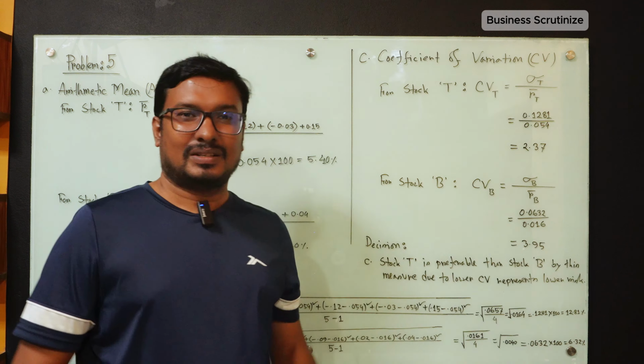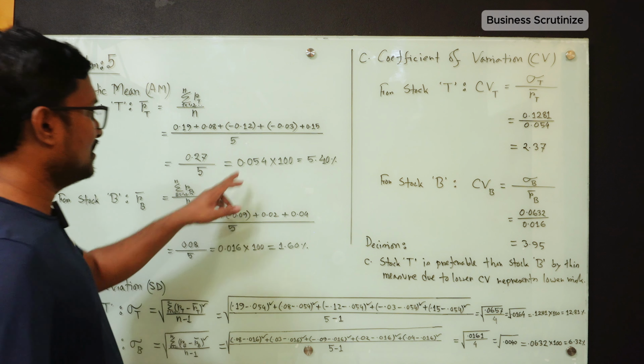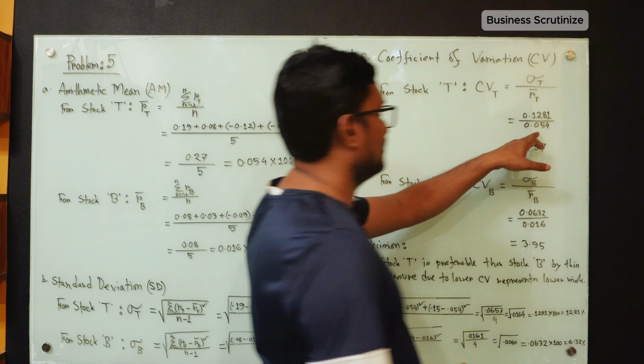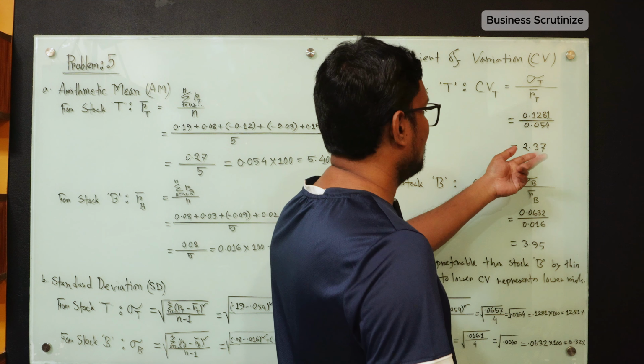We have two stocks, stock T and stock B. For stock T it is CV T, and the formula is the relativity of the standard deviation and the return, or arithmetic mean, so mean return: sigma T divided by R bar T. We input the values we computed in requirement B. The standard deviation for stock T is 0.1281, and that should be divided by the arithmetic mean, or mean return, for stock T, which is 0.054. After division it is 2.37.